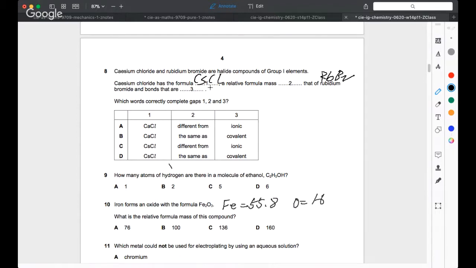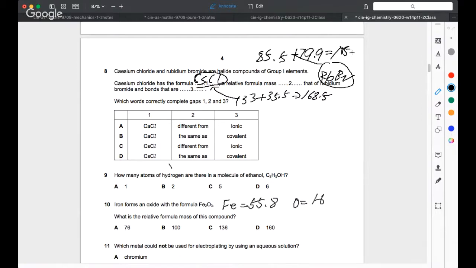So if you look at your periodic table and do the calculation, the relative formula mass of that would be 133 plus 35.5, which is 168.5. This one is 85.5 plus 79.9, equal to 165.4. So they are different.